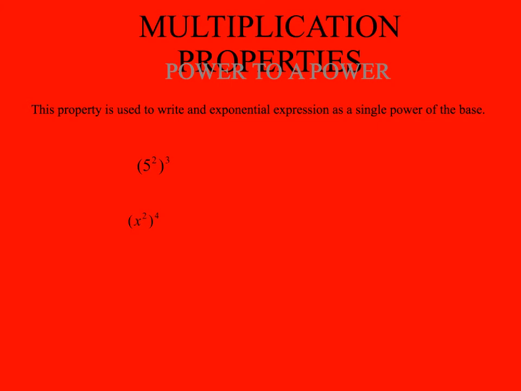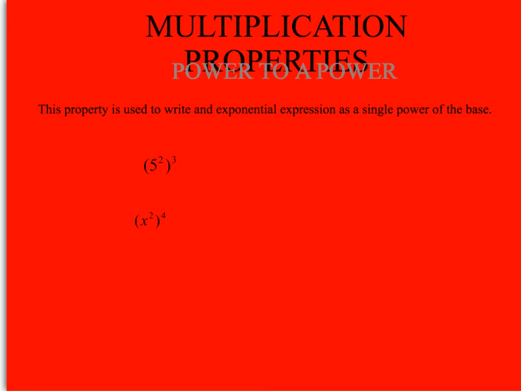We're going to start with the one on the outside. Since that's a 3 and it's outside the parenthesis, that means you take 5 to the 2nd power times 5 to the 2nd power times 5 to the 2nd power. So you're taking that inside term and multiplying it by itself 3 times.